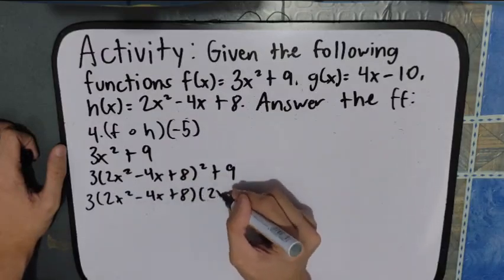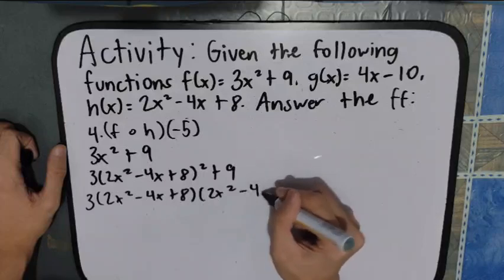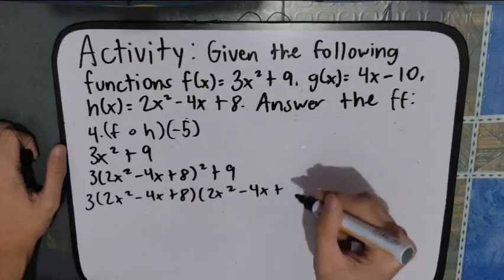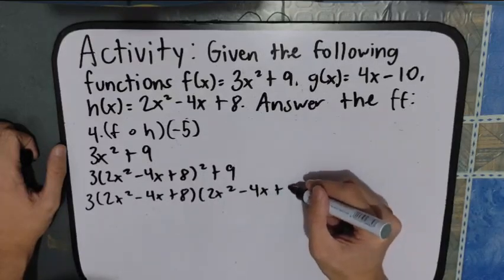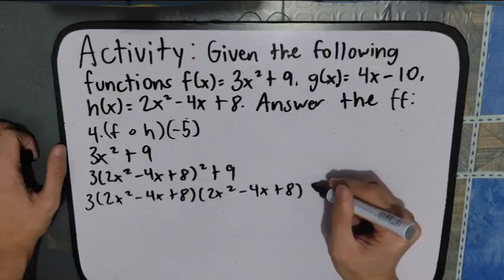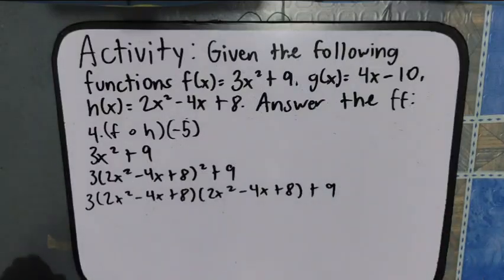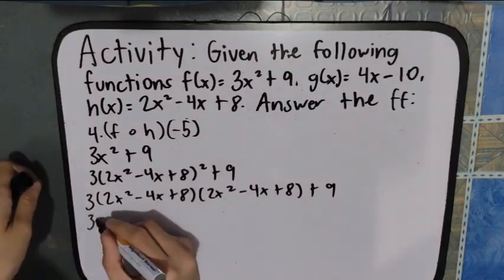So there should be 2x squared minus 4x plus 8 in the solution. After this, we're going to multiply each term. So copy 3.